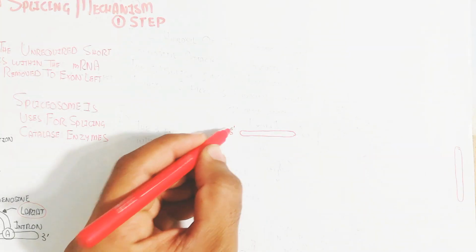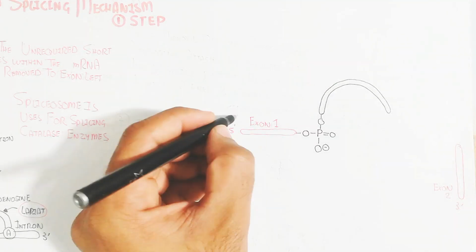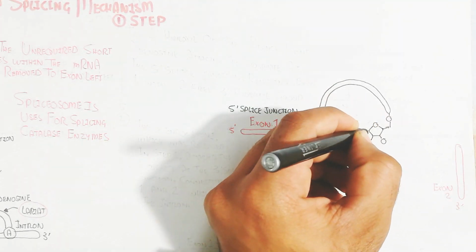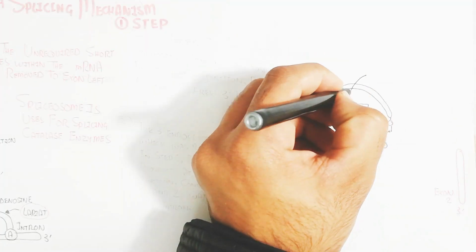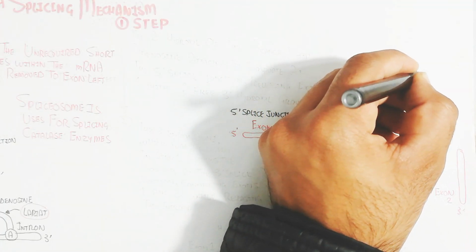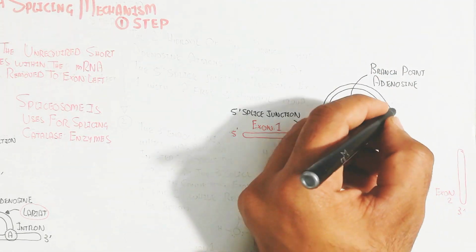To understand briefly, this is exon 1 and exon 2. Exon 1 starts from the 5', while exon 2 ends in the 3', and this is the intron. This intron is shown in green color in the diagram. I will color it.